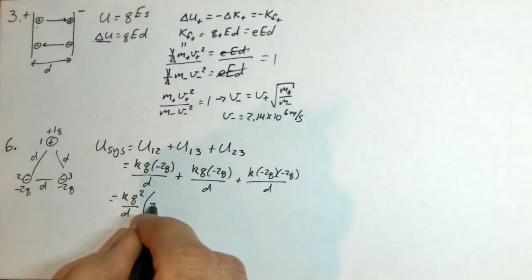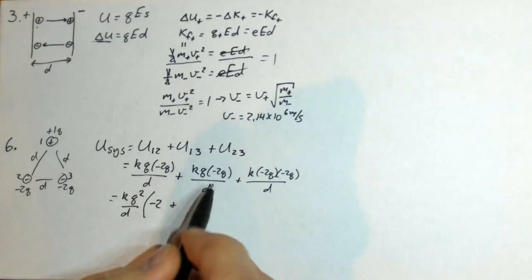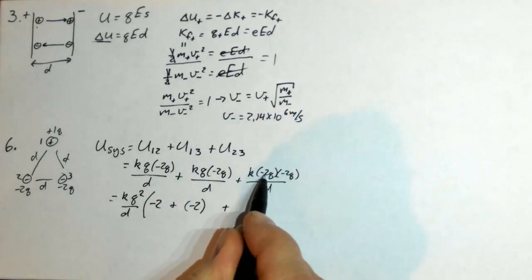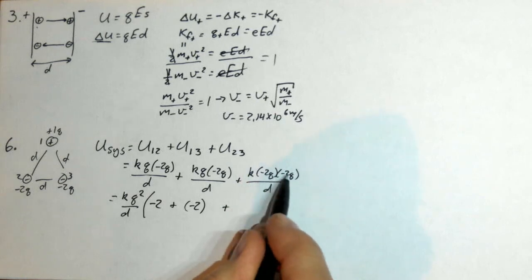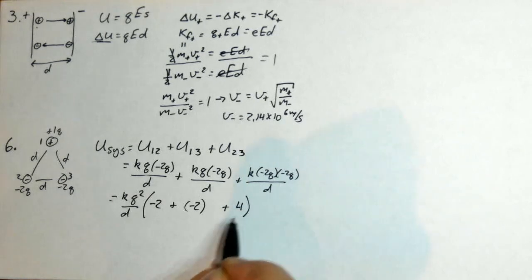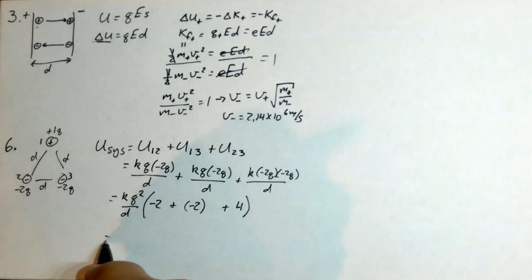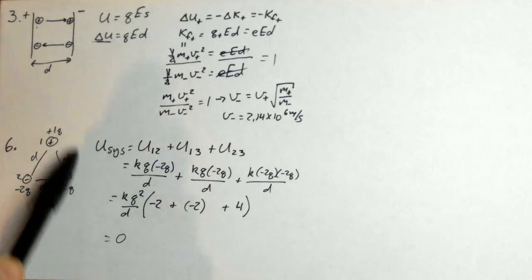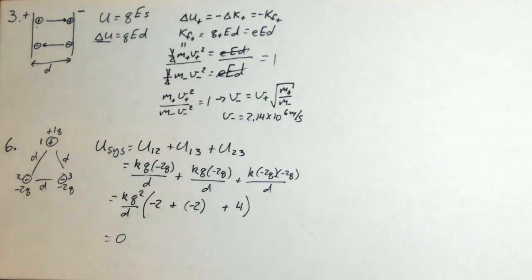Well, it's times a negative 2 on that one, plus a negative 2 on that one, plus a positive 4, because negative 2 times negative 2 is positive 4. And that gives me 0. Okay. So what's the main idea? Potential energy is an energy of interaction. For systems of charges, you just add up the potential energy of each unique interaction.